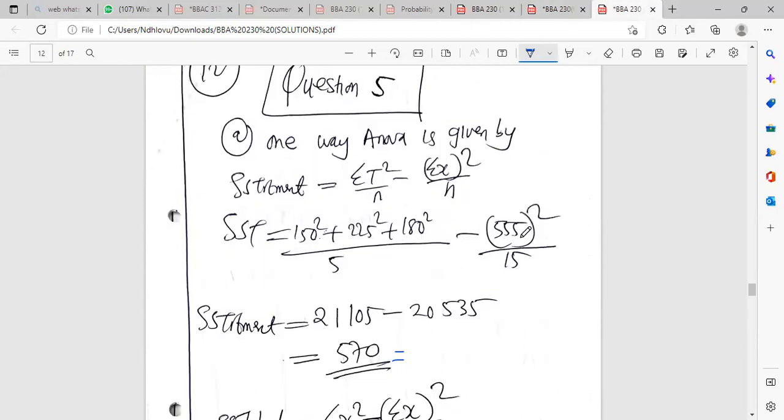We are getting 555, then you square it over the total, which is 15. This is a capital N. Our capital N is 15. All the numbers there were 15. So the sum of squares of treatment is 570.